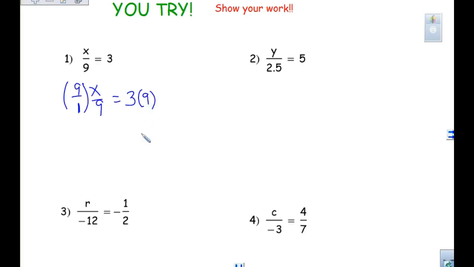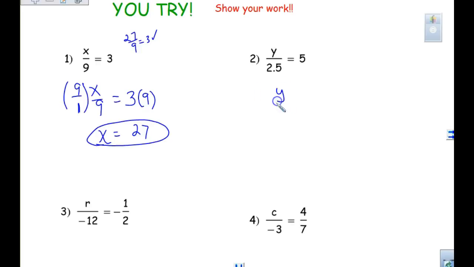When I do that multiplication, then I'm going to end up with x equals? X equals 27. And if you think about that, does it make sense if you would think about the check? 27 divided by 9, that equals 3. Okay? All right.